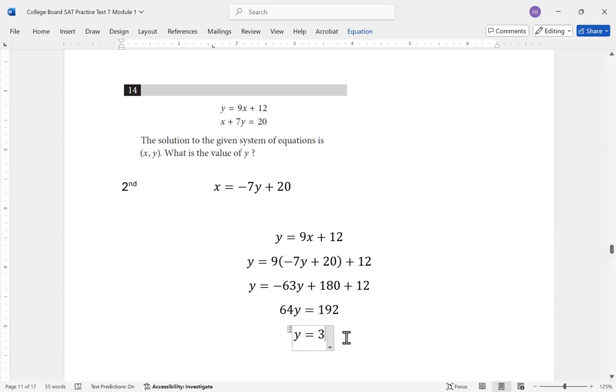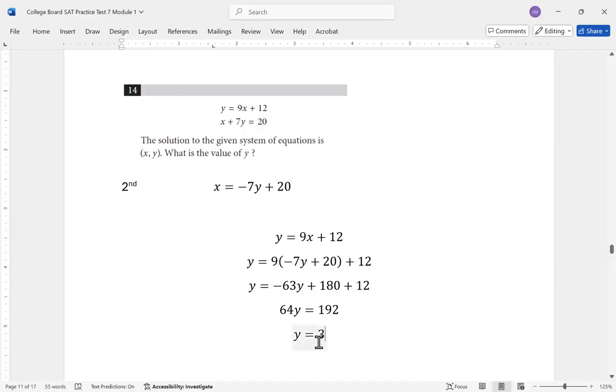And this tells you the y value for the solution to the system of equations. We're saying the y value is 3. That's the y value of the point where these two lines cross. So 3 is the final answer to 14.